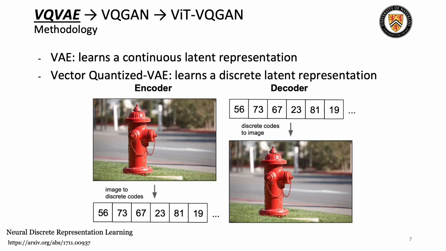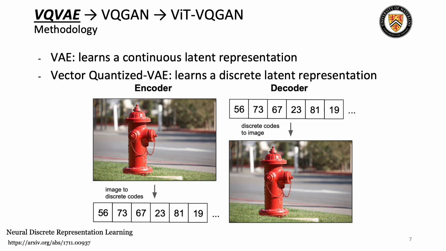To understand VIT VQGAN, let's start with VQ-VAE. A VAE typically learns a continuous latent representation, mapping input data into a continuous distribution. On the other hand, the VQ-VAE, which stands for Vector Quantized Variational Autoencoder, learns a discrete latent representation. This shift from continuous to discrete encoding is crucial because it can help address issues like the posterior collapse in VAEs, where the model ignores the latent variables because the decoder is too capable.